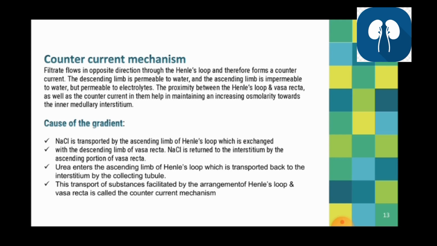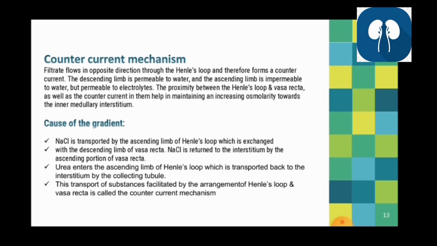And the flow of blood through the two limbs of vasa recta is also a countercurrent pattern. The filtrate flows in the Henle's loop and blood flows in the vasa recta. It is clearly described in figure 19.6 of your NCERT on page number 296.